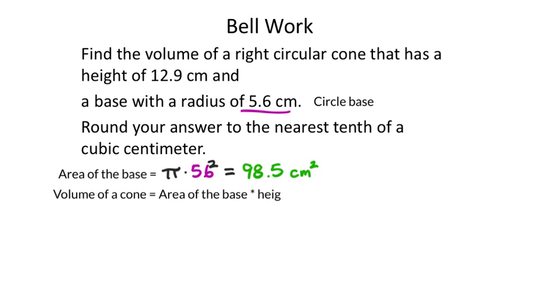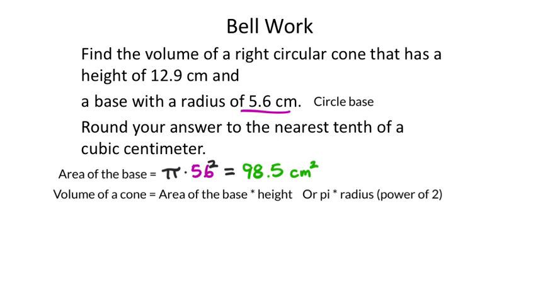Oh, let's spell height right. Which is the same as taking the area of the base, in this case a circle, which would be, I guess, pi times the radius to the power of 2.